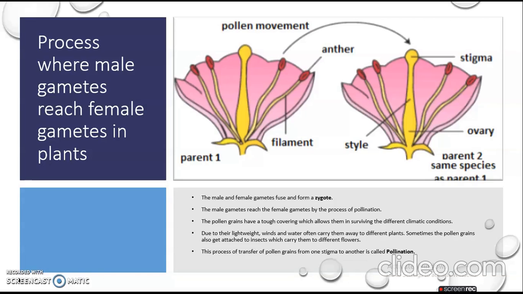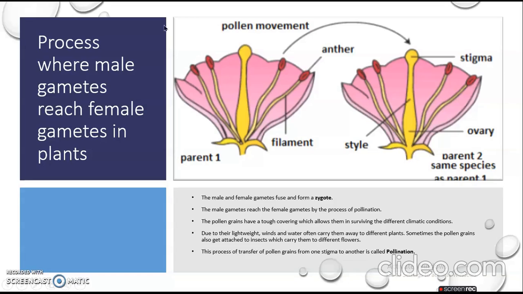Sometimes the pollen grains also get attached to insects which carry them to different flowers. The process of transfer of pollen grains from one stigma to another is called pollination.